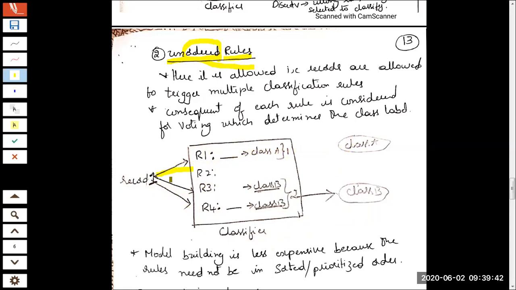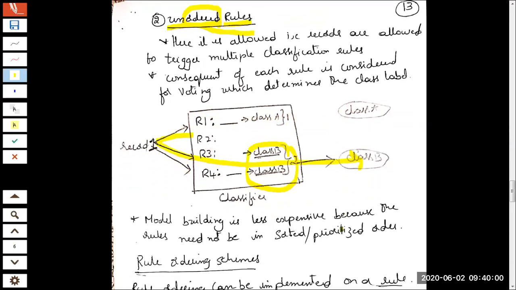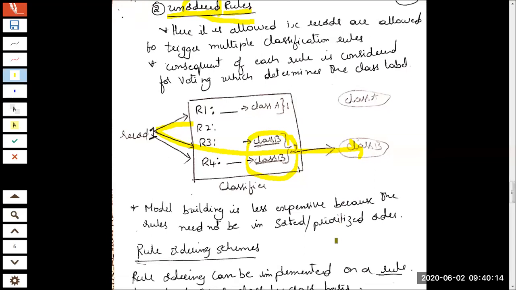The decision will be based on voting. Whichever class is triggered more, where we have more count with respect to the voting mechanism, that record will go and sit there. We have special cases here, like what if the counts are equal. These situations will be handled by the algorithms implementing this, but it is not part of the discussion here, so we'll not worry about that.